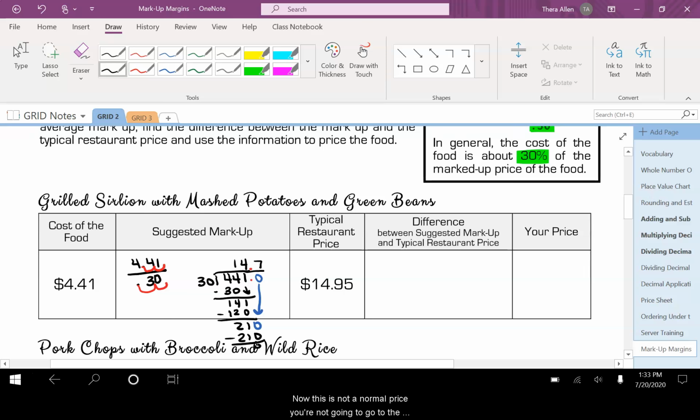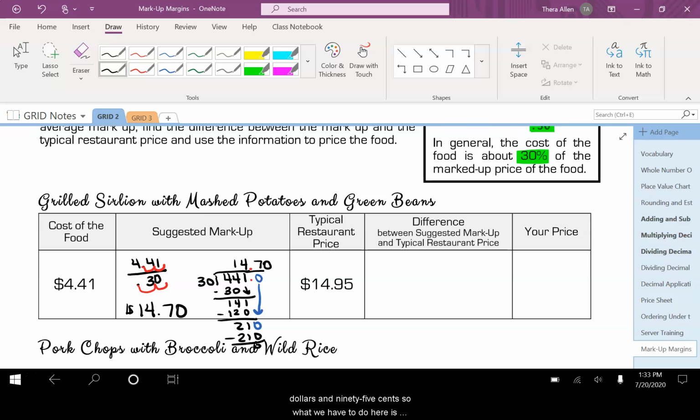Now, this is not a normal price. You're not going to go to the store and say, oh, it's $14.07. No, we're going to go to the store and say it's $14.70. So we put a 0 at the end because this is money we're talking about. $14.70. Now, a typical restaurant will charge $14.95.